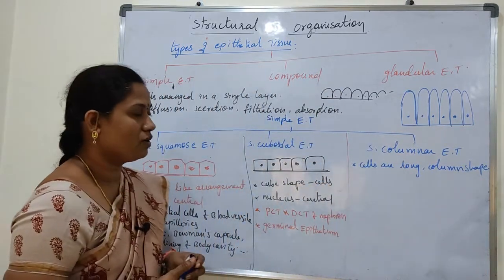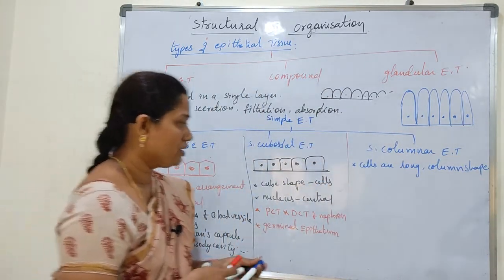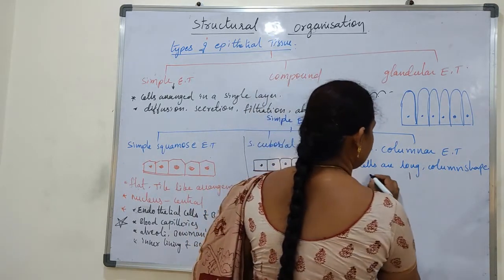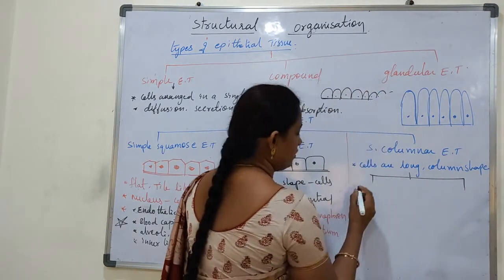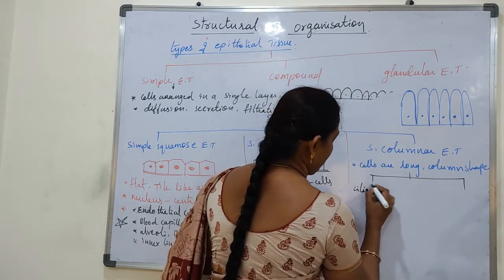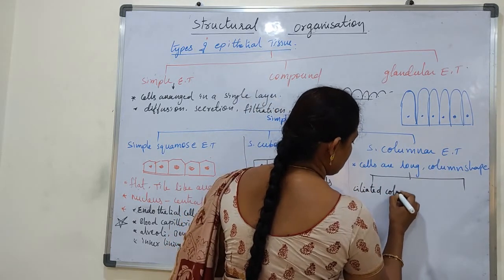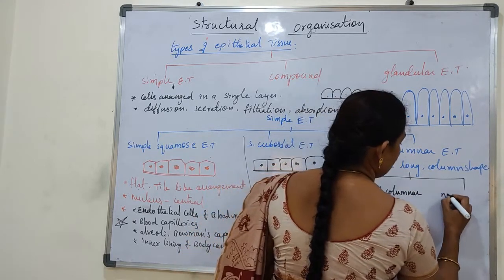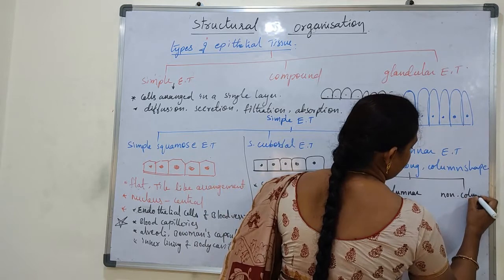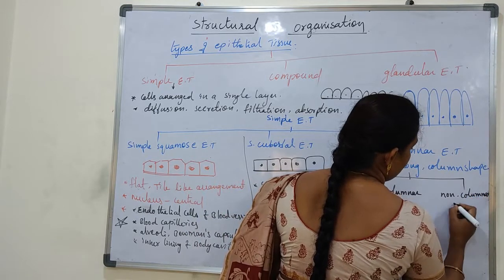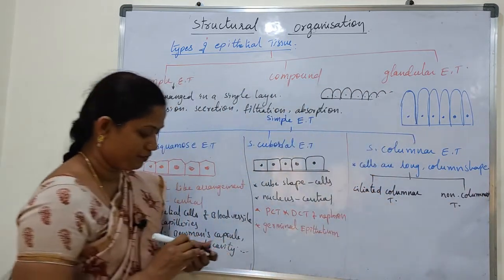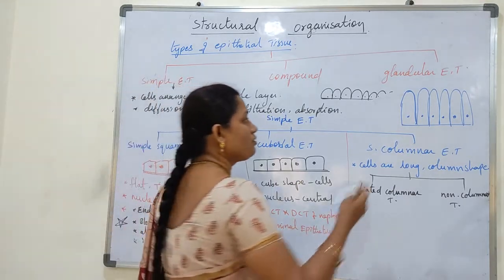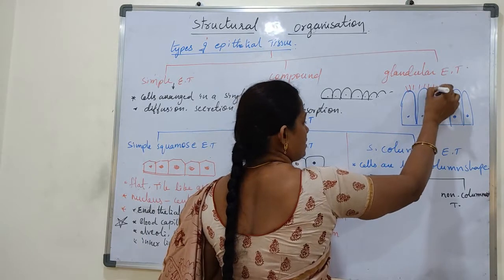These are of two types: ciliated columnar tissue and non-ciliated columnar tissue. Ciliated means the cilia are present on the free surface.